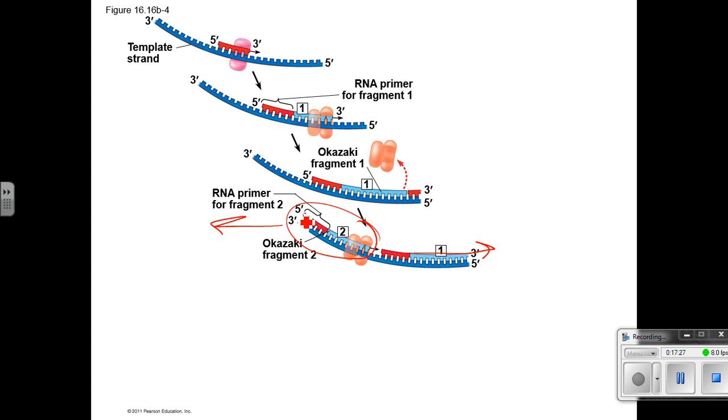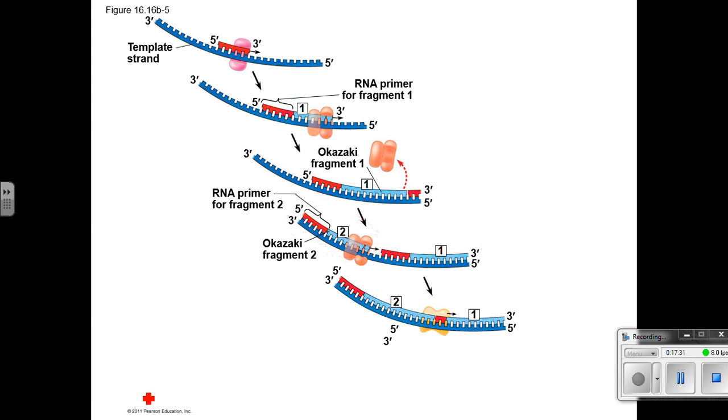So you end up starting a primer, going, starting a primer, going, and then you have to backtrack, is basically. I'll show you a better picture of that in a little bit. You have to backtrack on this strand, and then you have to fill in these gaps here. And these gaps are called Okazaki fragments.